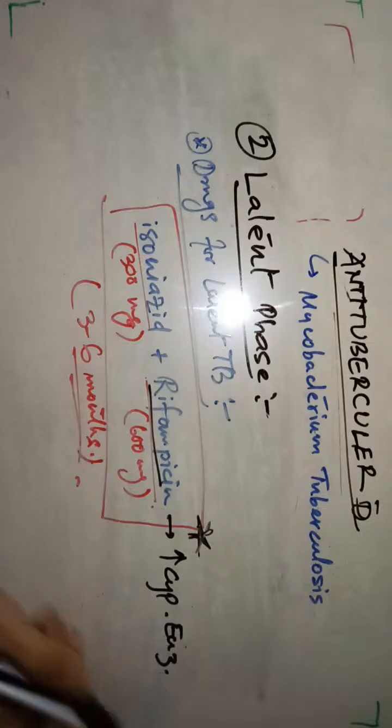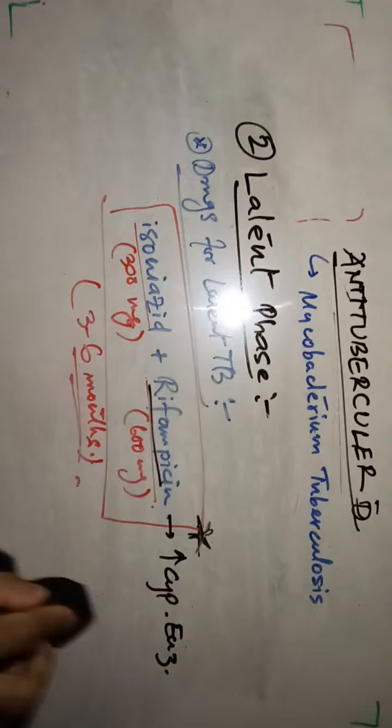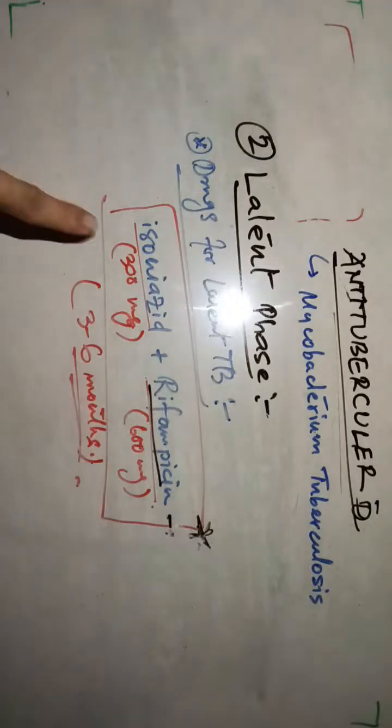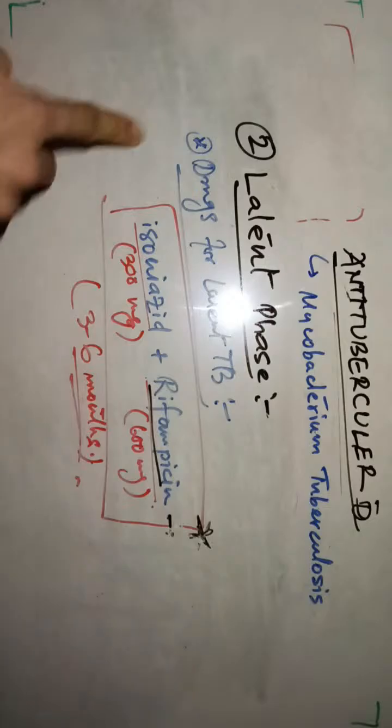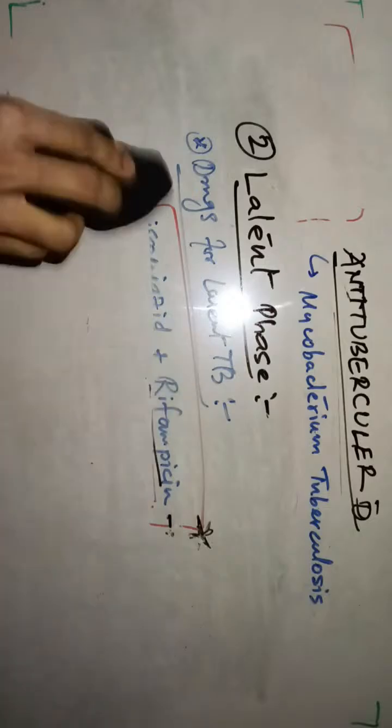I will tell it after a few minutes, in the next topic. So isoniazid 300 mg and rifampicin 600 mg is used in the latent phase of tuberculosis.